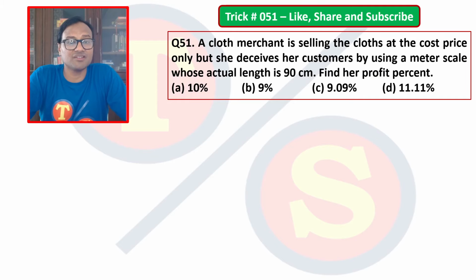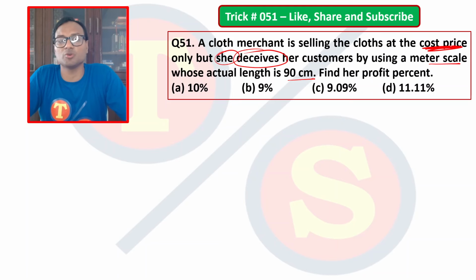After that, if I see question number 51, a cloth merchant is selling the clothes at the cost price only, but she deceives her customers by using a meter scale whose actual length is 90 centimeter. So there is some cheating, some faulty scale being used by the cloth merchant, right? Suppose the cost price is known to the entire universe. Customer knows it, shopkeeper knows it, everyone knows it.